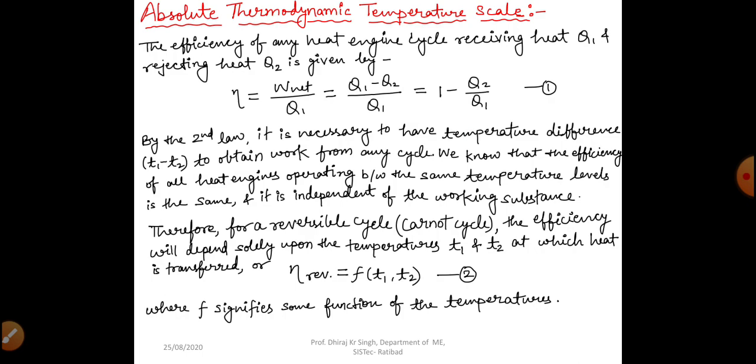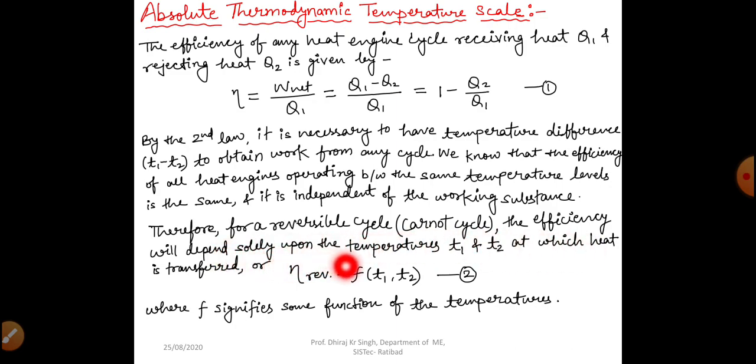Basically, we are going to make a correlation between heat transfers and temperatures. By the second law, it is necessary to have a temperature difference T1 minus T2 to obtain work from any cycle. We know that the efficiency of all heat engines operating between the same temperature levels is the same, independent of the working substance. Therefore, for a reversible cycle, that is the Carnot cycle, the efficiency depends solely upon the temperatures T1, the higher temperature, and T2, the lower temperature at which heat is transferred.